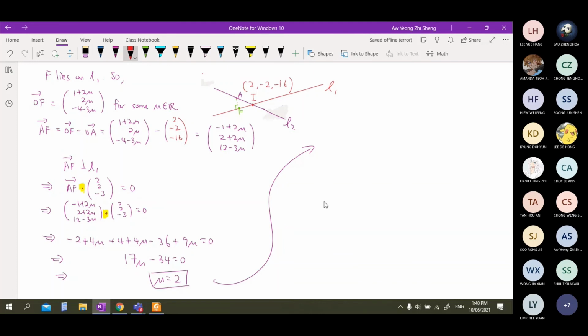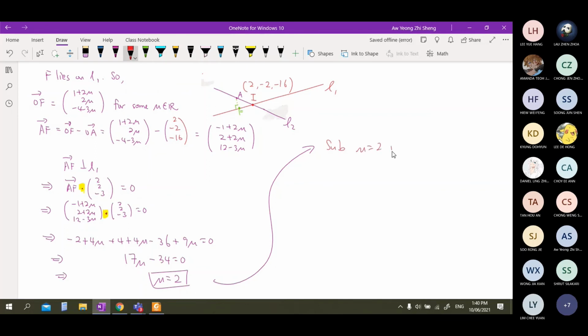Okay, the aim of the question is to find the position vector of the foot of perpendicular. In other words, they want OF, the vector OF. We have already introduced F as the foot of perpendicular, so OF will be understood.